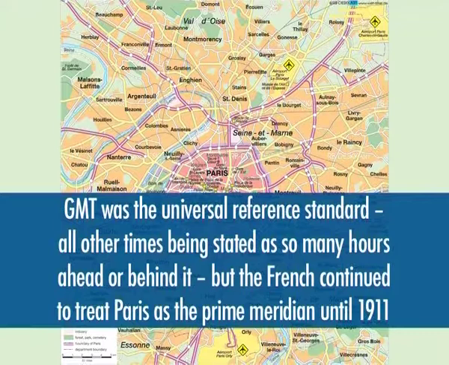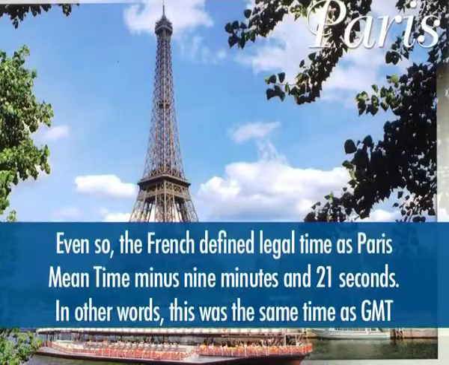But the French continued to treat Paris as the prime meridian until 1911. Even so, the French defined legal time as Paris Mean Time minus 9 minutes and 21 seconds. In other words, this was the same time as GMT.